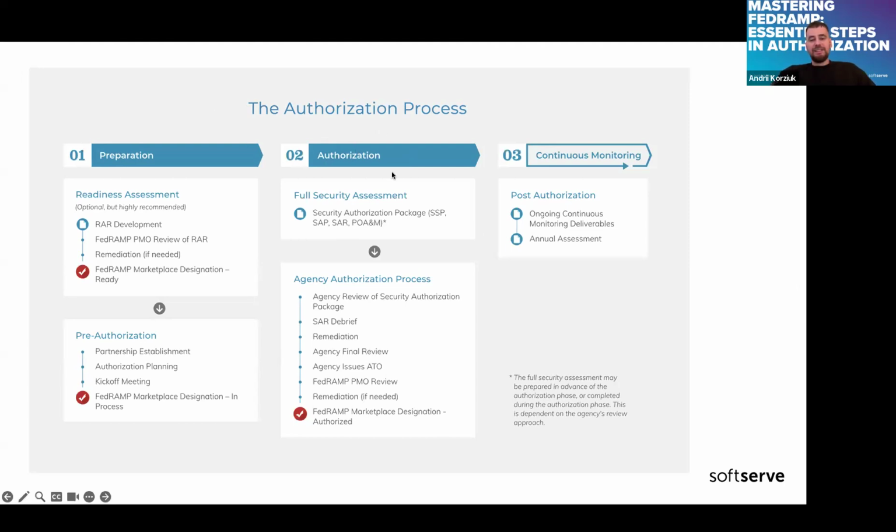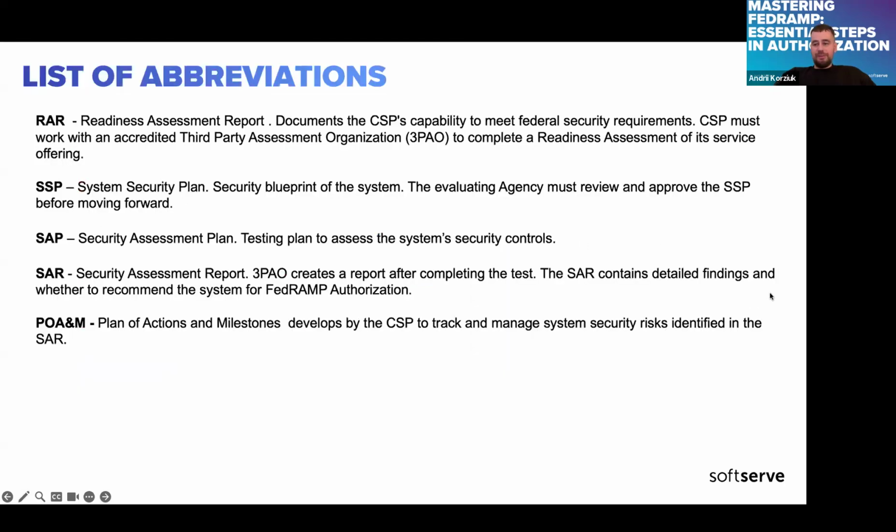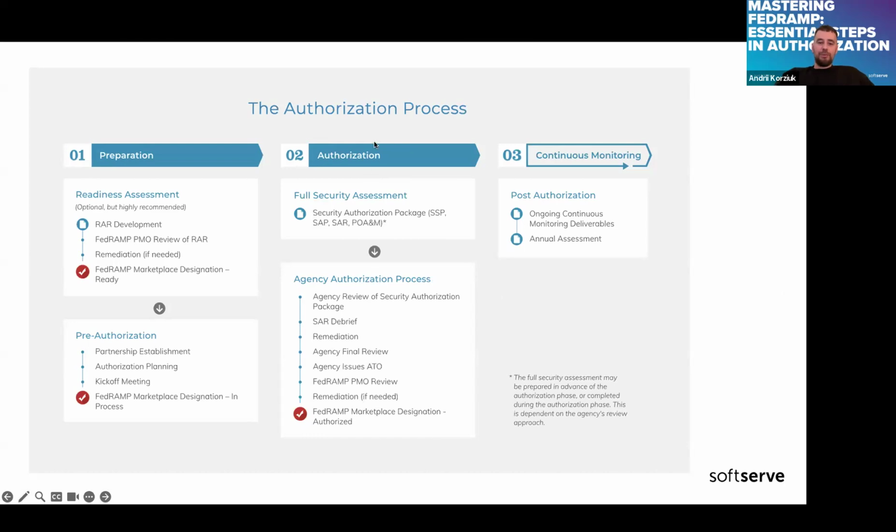So actually, the next slide shows us the authorization process. In this case, this is the authorization process using the agency path. For the JAB process, it is almost the same, but it has some differences. But let's go through this case.